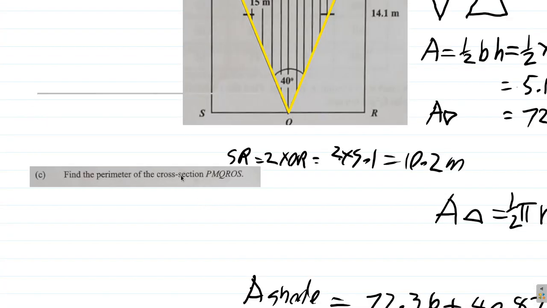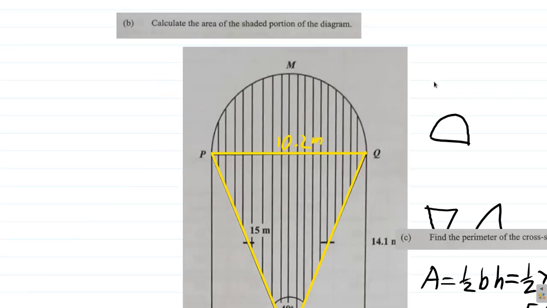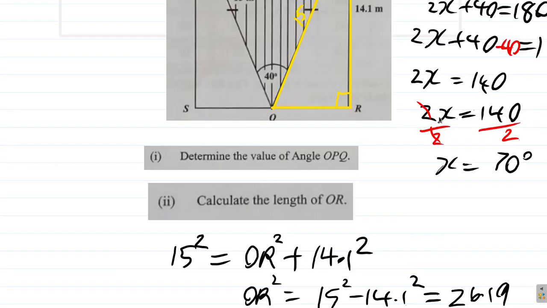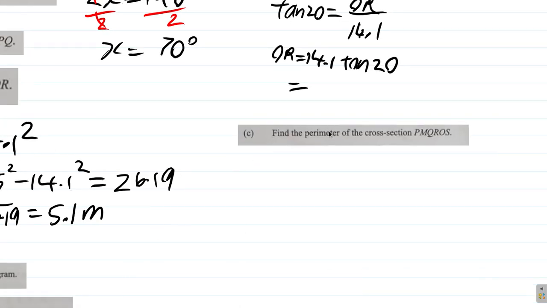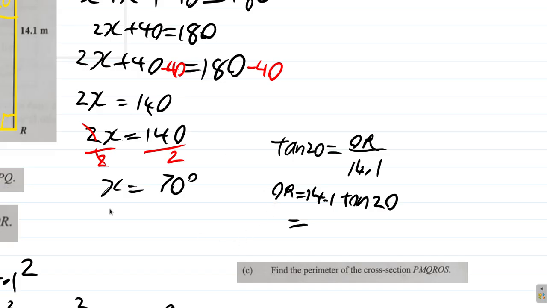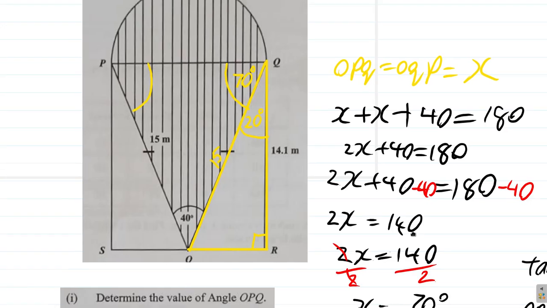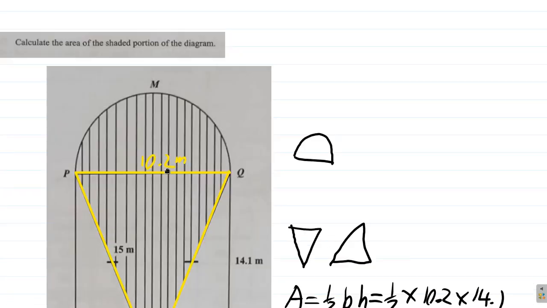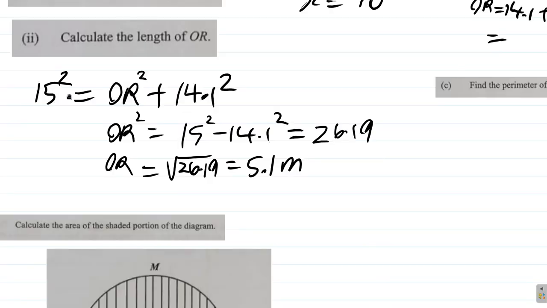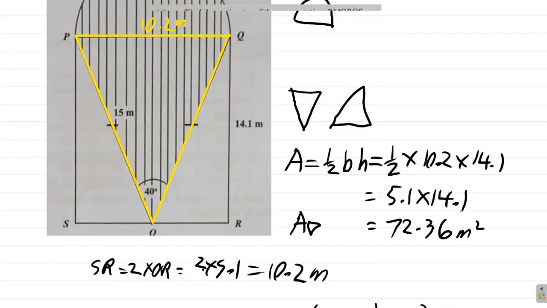So find the perimeter of the cross section PMQRS. Let me just put the perimeter to one side. What I could do is just copy the diagram and label it.